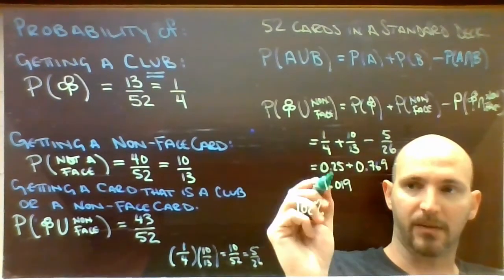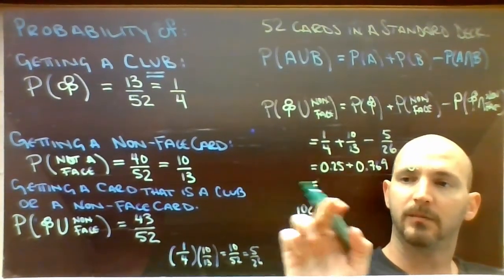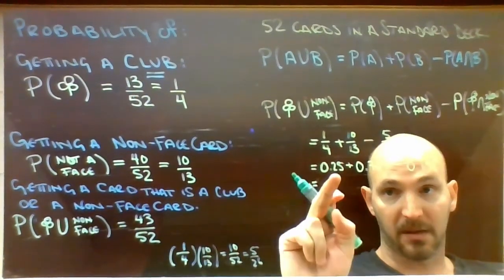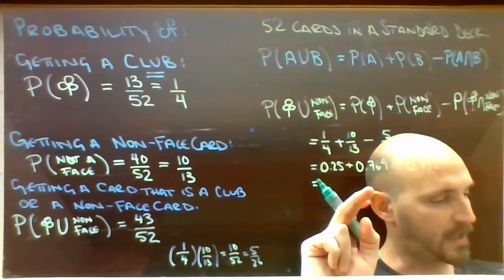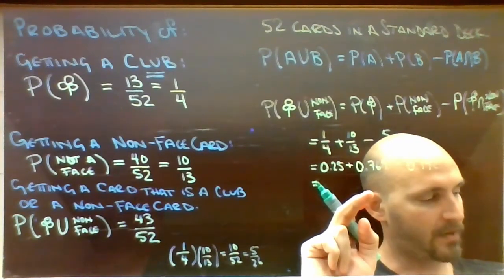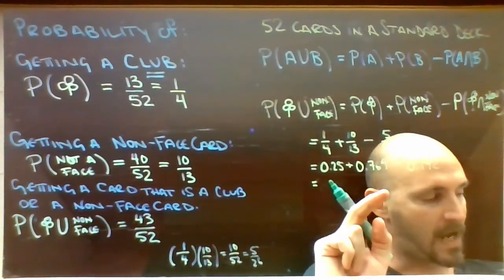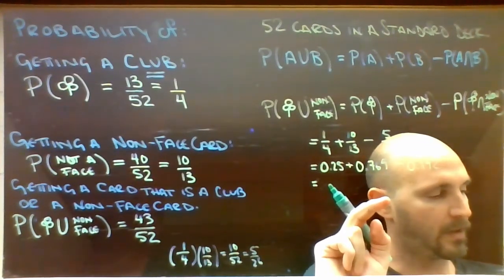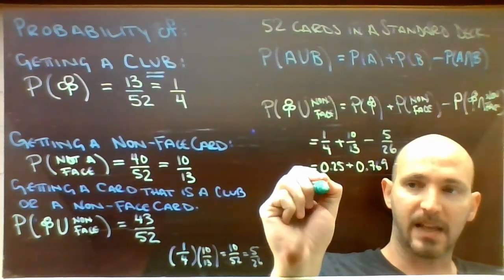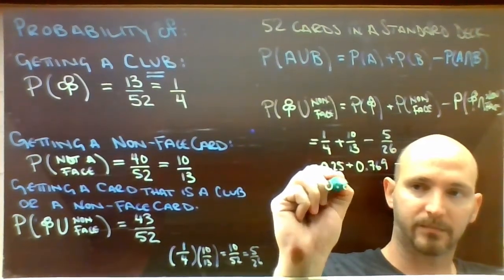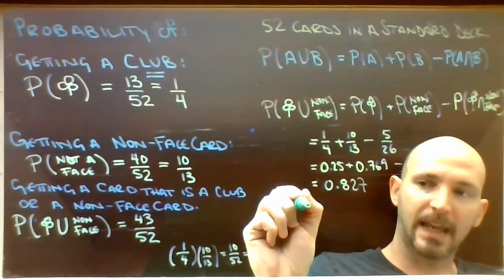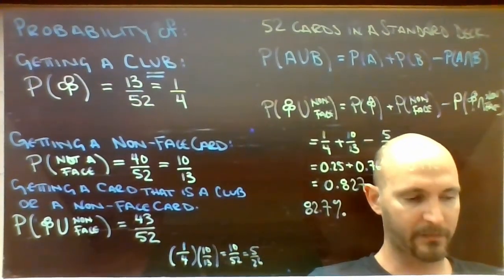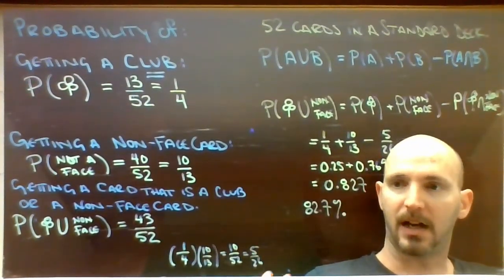.192 if I do some rounding. And if I try that again, 0.25, so that's the probability of being a club, plus the probability of being a non-face card, minus the probability of being both, I end up with 0.827. That's an 82.7% chance. Okay, great.